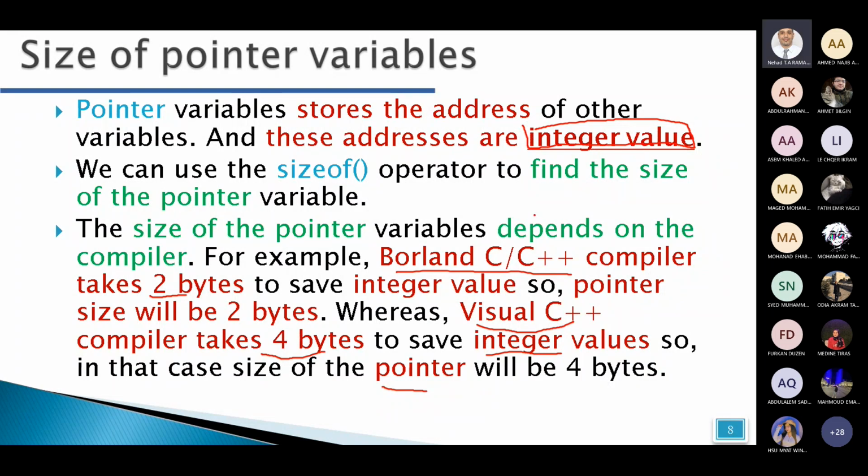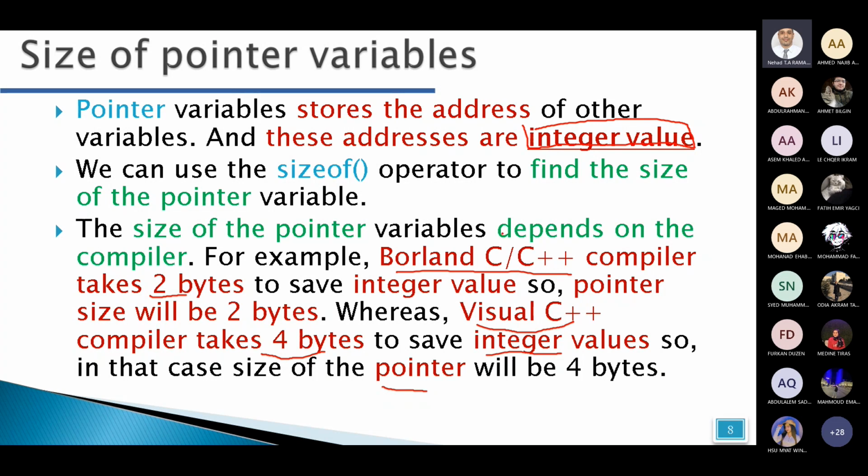So actually, because of this difference from one compiler to another, and also from one computer to another, depending on the structure of the computer, we need to check the size of the variables and the size of the pointers. We will see later that we need to know the size of the pointer.